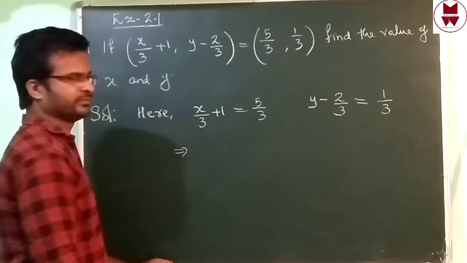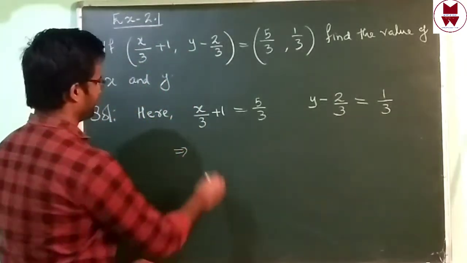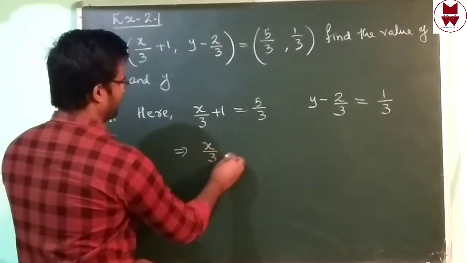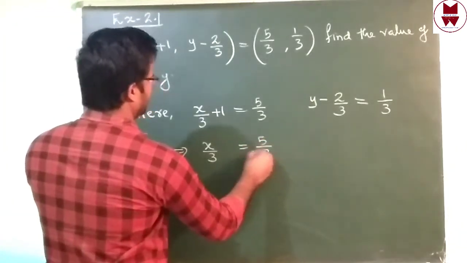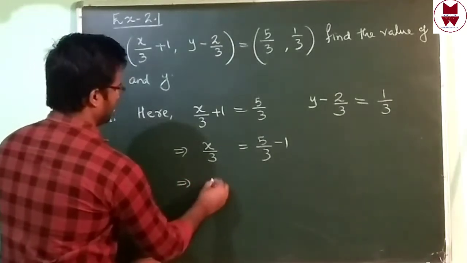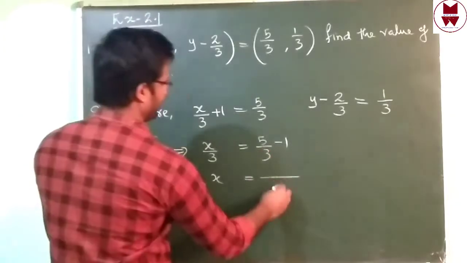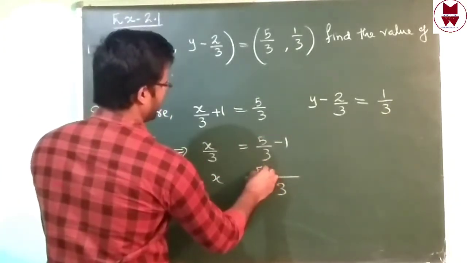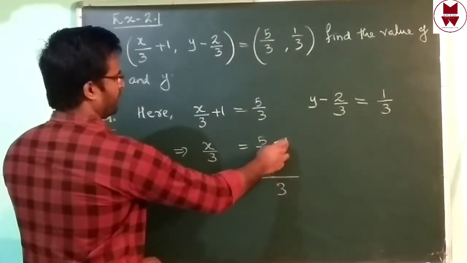Here we can find out the value of x, and from here we can find out the value of y. x/3 equals 5/3. This plus 1 bring to the right side, that will be minus 1. x equals, take LCM. LCM will be 3, isn't it? Then 5 minus this 1 into 3.